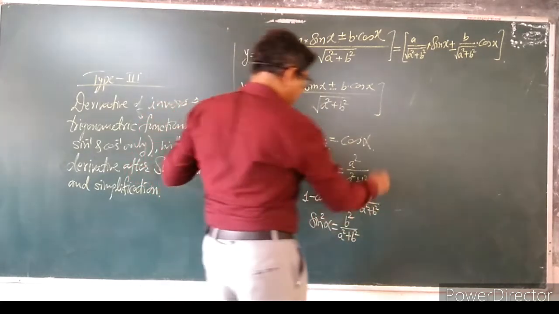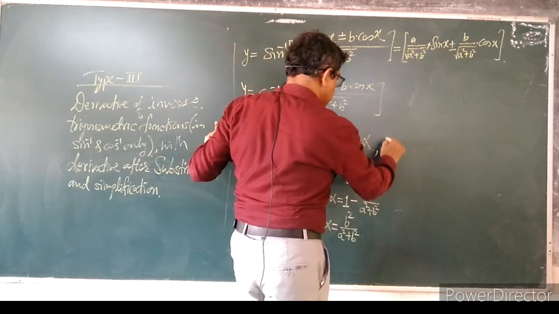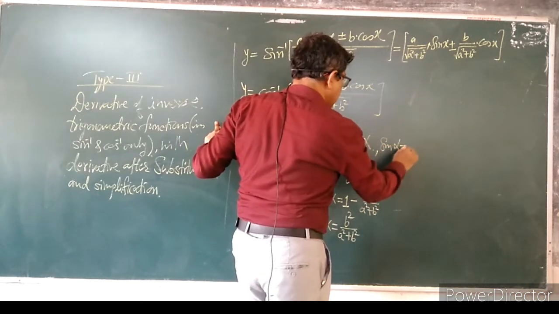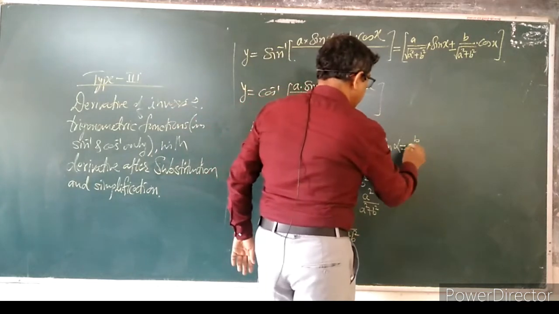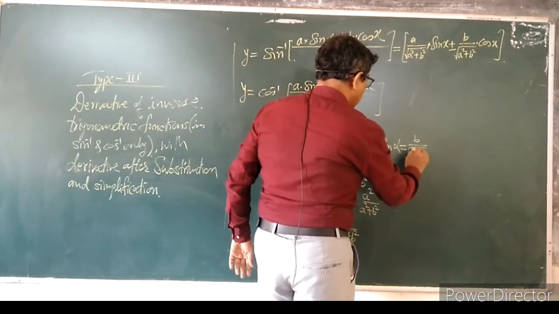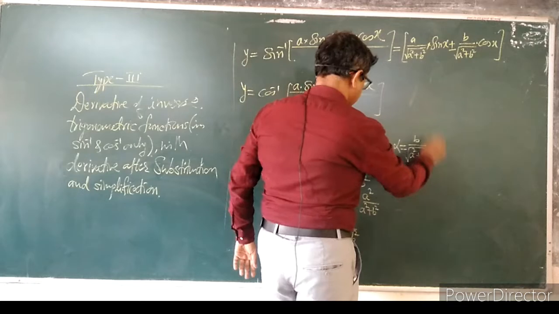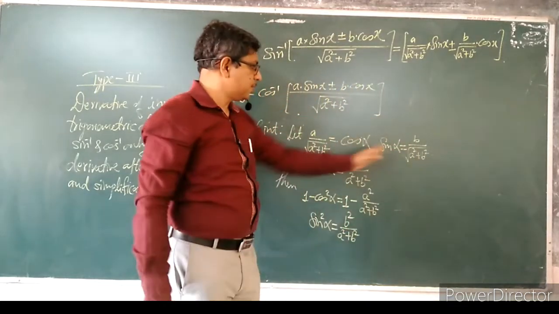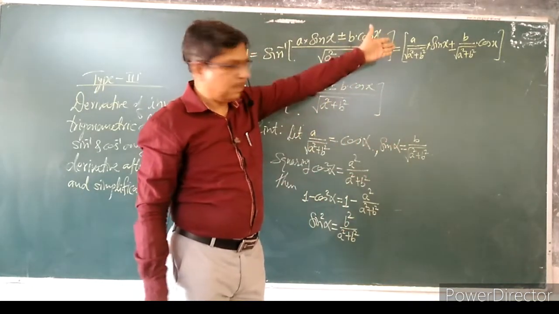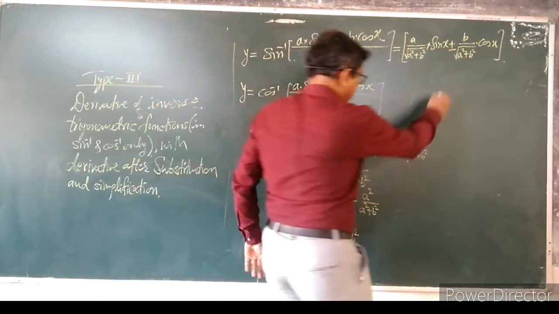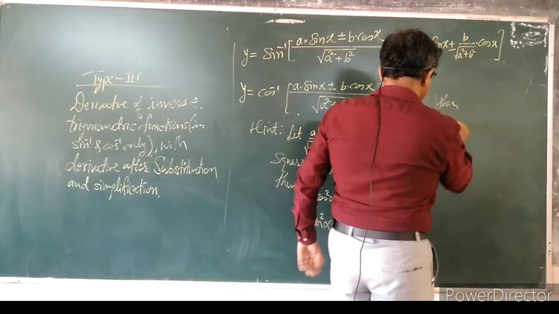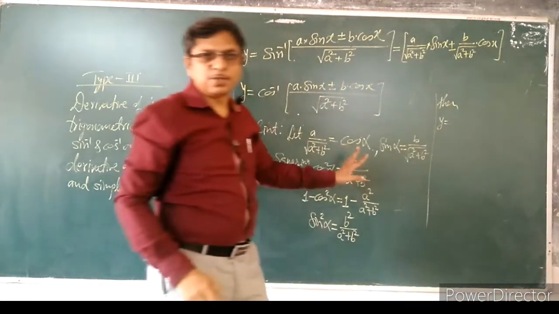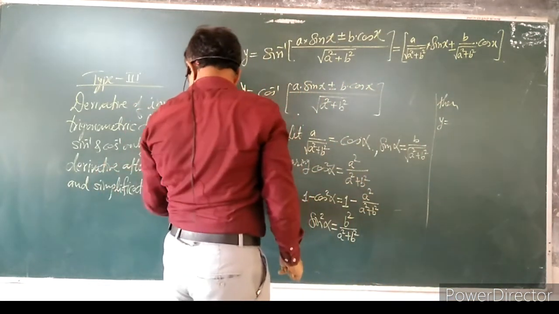And so we are getting sin alpha is equal to, taking the square root, b divided by a root of a square plus b square. So just use these two in the above relation. This is what we have to substitute. This is called the first part, substitution.